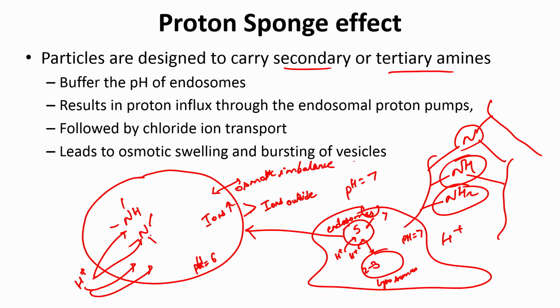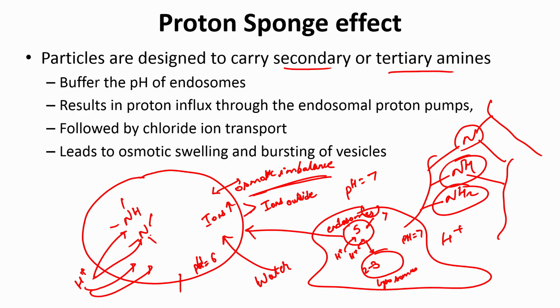As a result, the water from the surrounding starts to go in and tries to maintain this osmotic balance. As it goes in and in, there is some capacity to which the vesicle can absorb the water, but eventually the pressure inside becomes so high that these vesicles just burst, right.